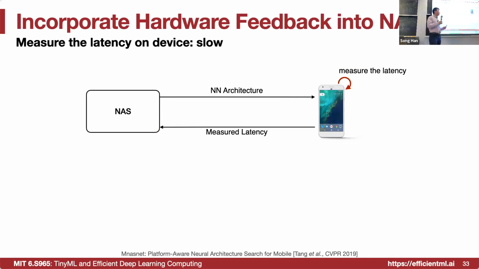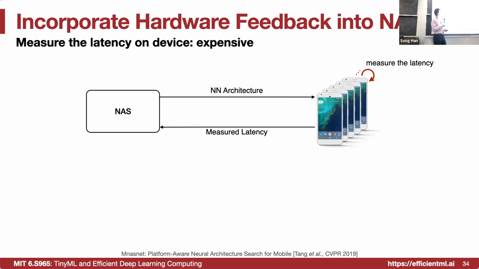Therefore, it's crucial that we incorporate the latency feedback into the neural architecture search process. Of course, given the proposed neural architecture, we can measure the latency and return this measured latency.